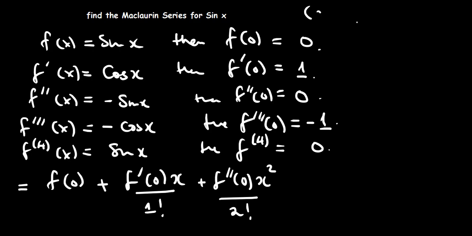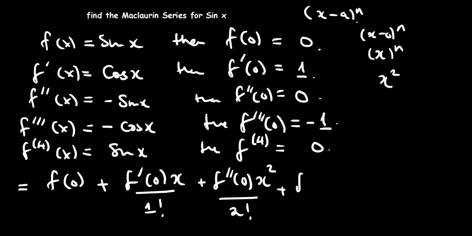As I said, the x minus a to the power n will be x minus 0 to the power n, and that will be x to the power n. And as we can see, this is double prime, so it is going to be x to the power 2. So we continue from there.